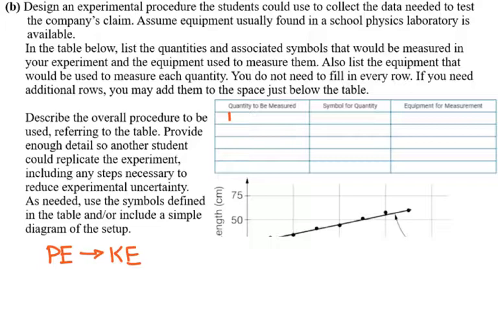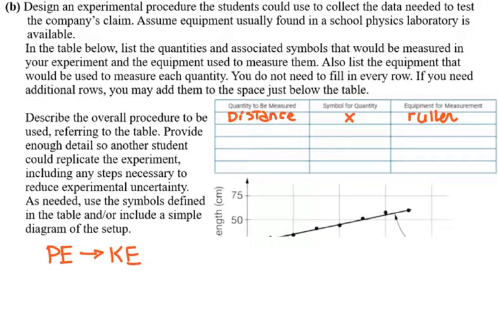So the first one is asking you the quantity to be measured. So you need the distance by which you stretch the spring. The equipment for measurement is the ruler, and the symbol is going to be x.